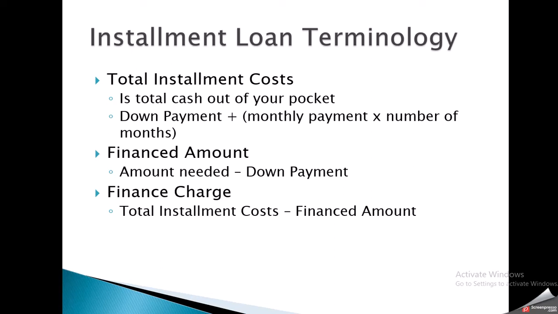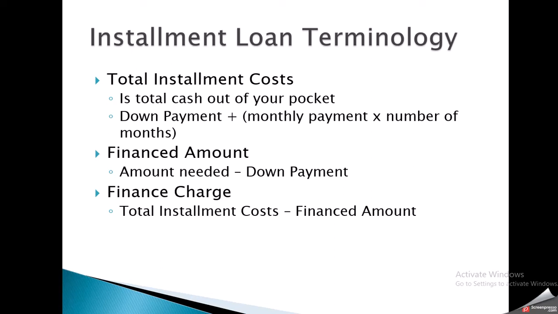Our financed amount is the amount that we need to purchase the car minus our down payment. So say we're buying the car for $15,000 and we put $1,000 down, we're going to finance $14,000. Our finance charge is the difference. So if we look at our total installment cost and compare that to the amount that we're paying to buy the car, so not necessarily the financed amount unless we don't include the down payment above.